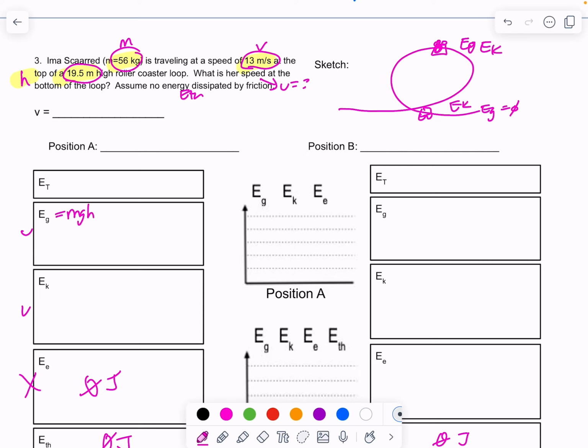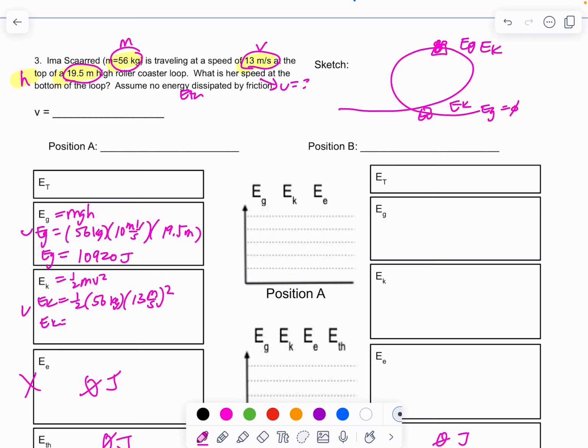EG equals mgh. The mass is 56 kilograms times the g, 10, times the h, 19.5. So 56 times 10 times 19.5 is 10,920 joules. But she also has kinetic energy, 1/2 mv squared. Her mass is 56 and her V is 13.